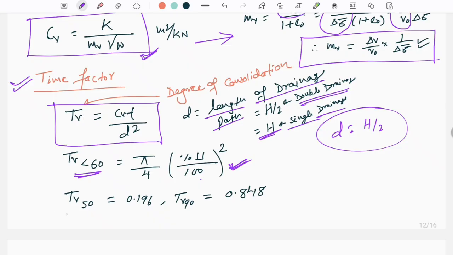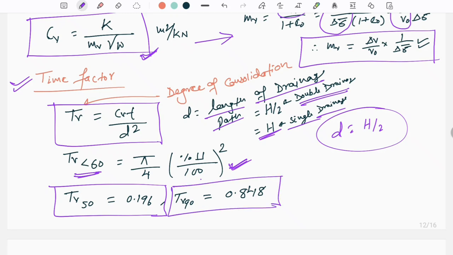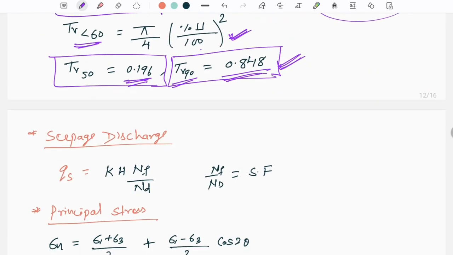Here the standard values are given, you have to remember these values for the objective questions. Tv for 50 percent consolidation is 0.196, and for 90 percent consolidation this value is 0.848. You can directly remember this for objective questions, and also use it to solve the numerical questions, right?